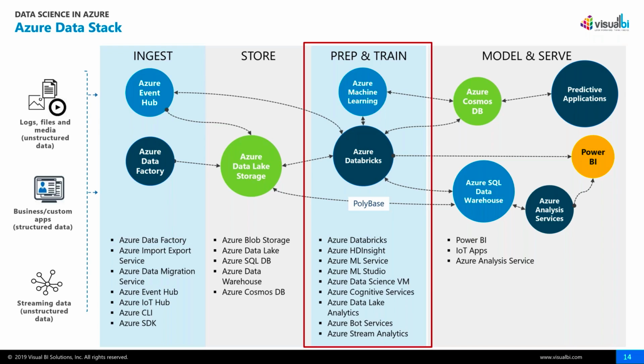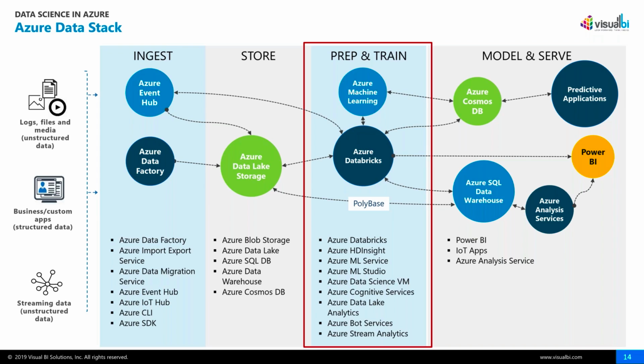And after the data is available in the Azure ecosystem, data scientists are mostly involved in the preparation and modeling phase, like you can see here. Here the data is cleaned, transformed, and the models, using machine learning tools, are trained and validated to reveal the insights from data. So Azure Databricks can be a good option coupled with Azure Machine Learning, like you can see under the prep and train phase, as an integrated platform for the analytics process.